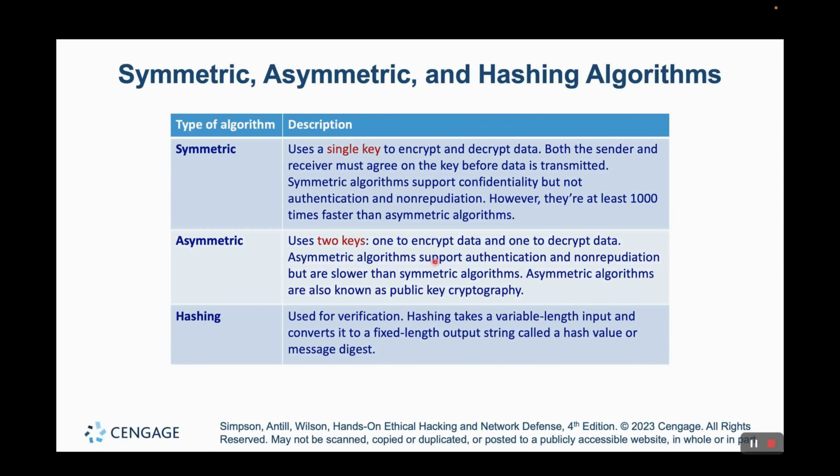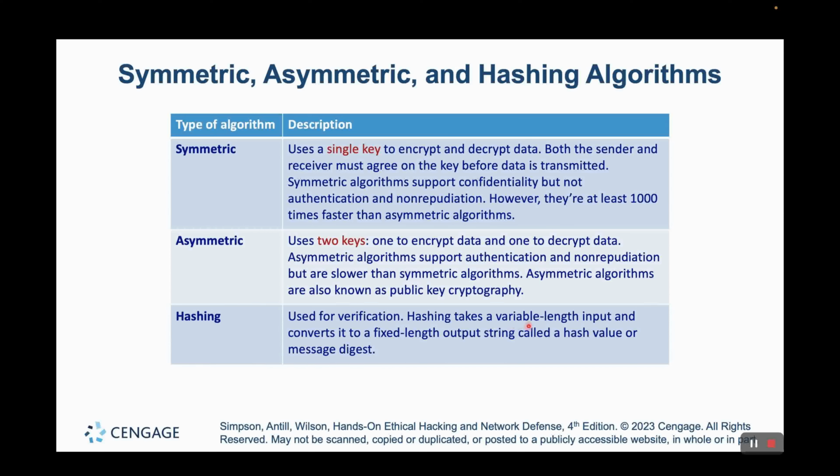And it does support authentication and non-repudiation compared to symmetric. But the problem with it is that it is a lot slower than symmetric. And by the way, they usually call it public key cryptography, which is something we will discuss in much more detail later on.